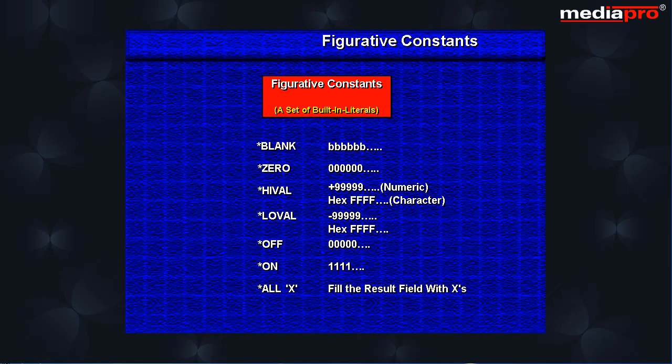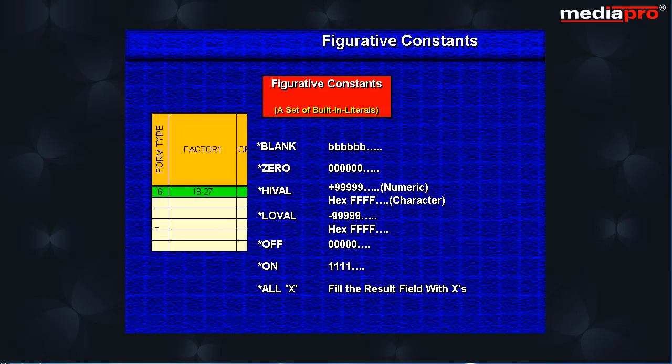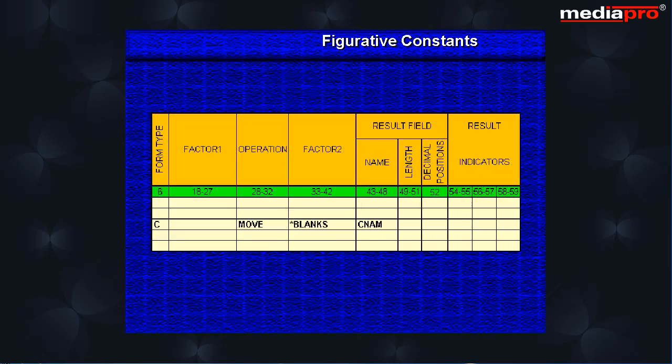They have a predefined value and take on the length of the field they are associated with. If we move *BLANK to a character field, the field will be filled with blanks.